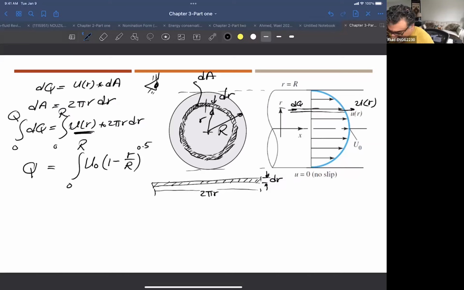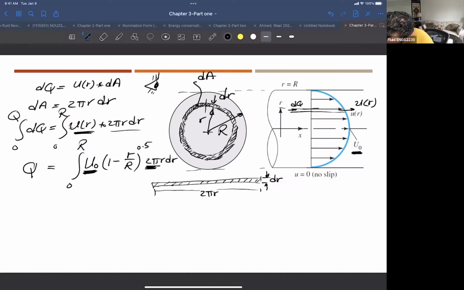This is the equation that is given in this problem. And the area here is 2 pi r dr. It looks like this 2 pi is constant, u naught is a constant. This is just a constant value, I can just take it out of the integration.